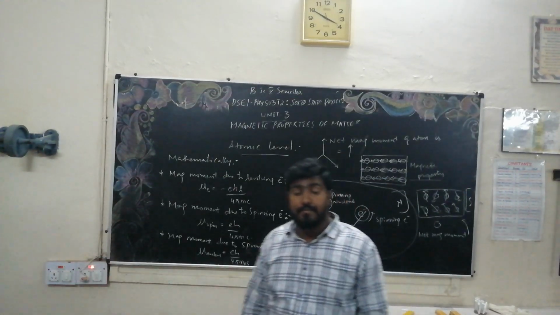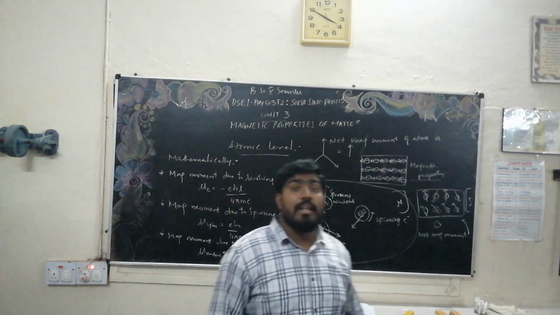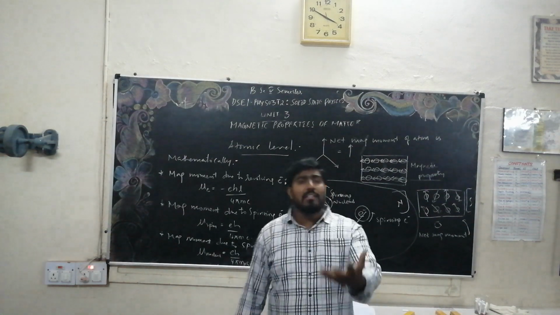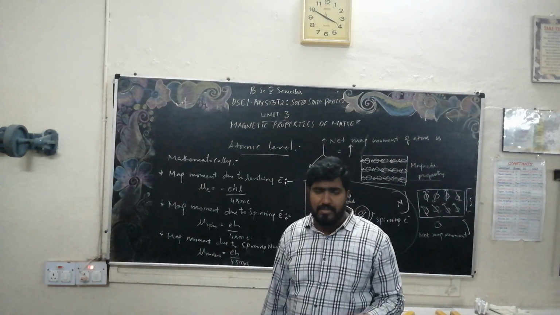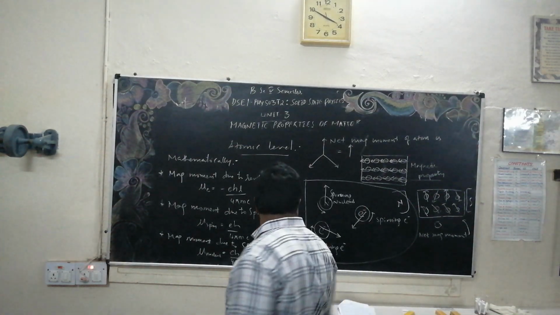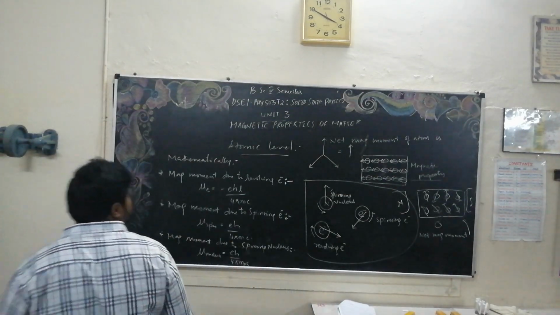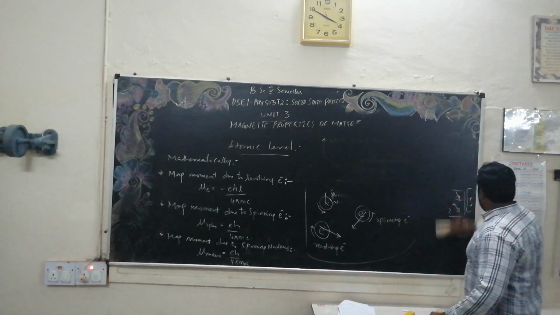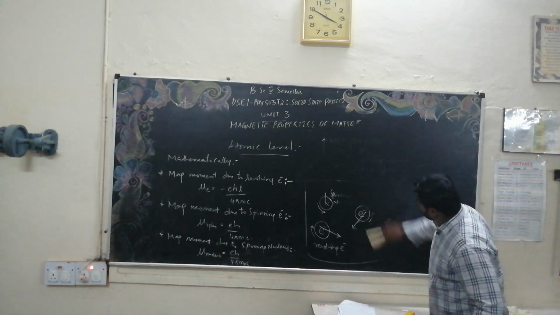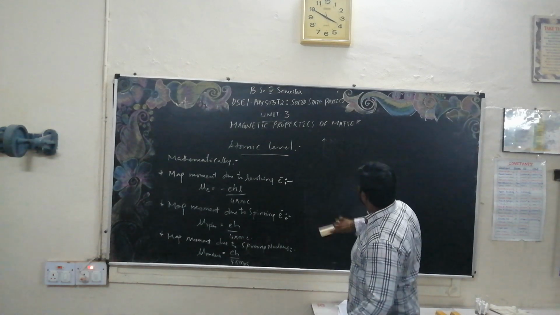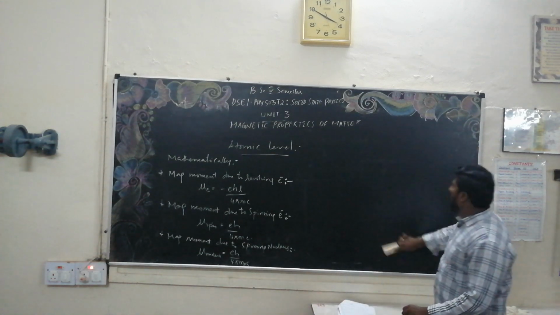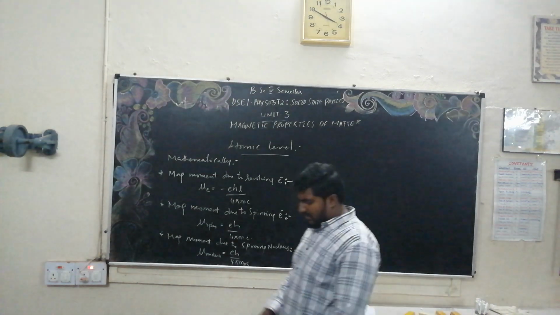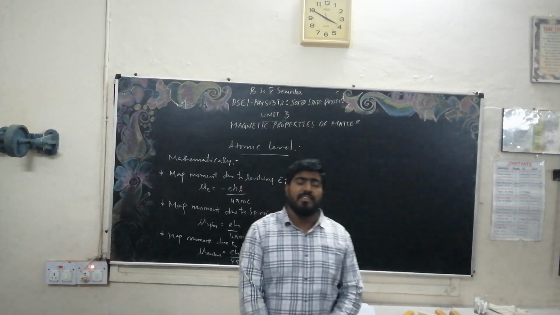This you should understand. Now, coming to the next point: Earth also behaves as a magnet. Okay? Earth also behaves as a magnet. We are saying that Earth is also behaving as a magnet.